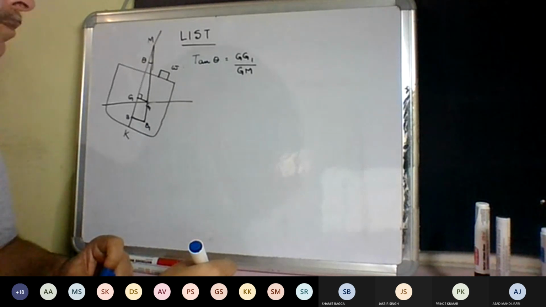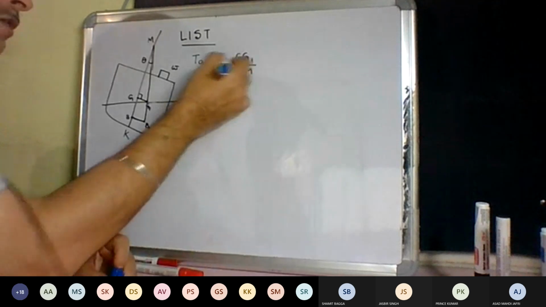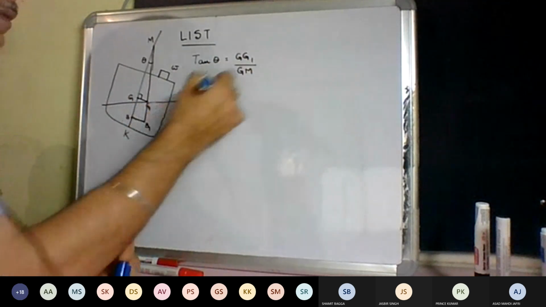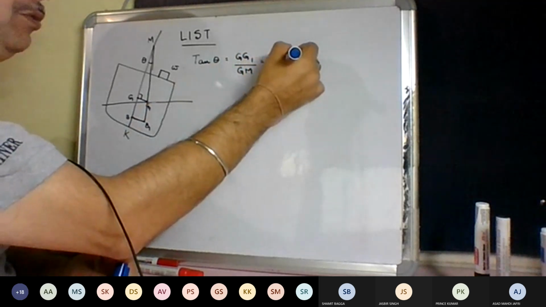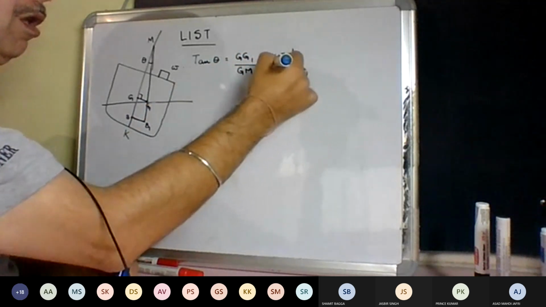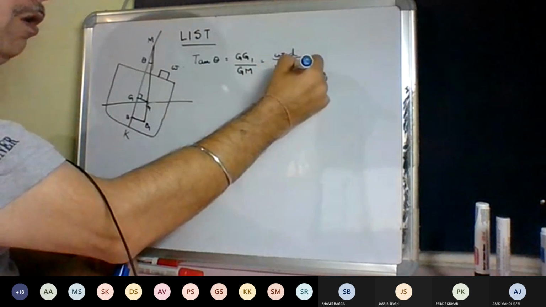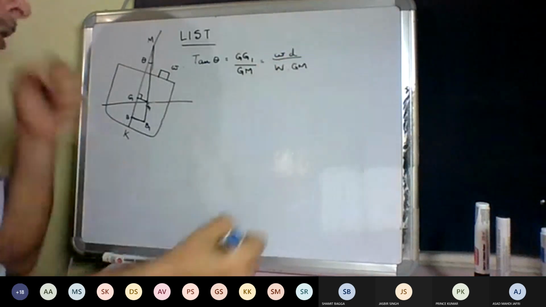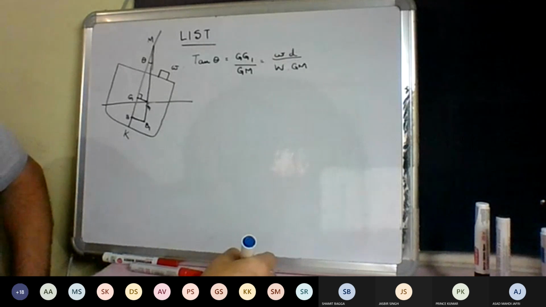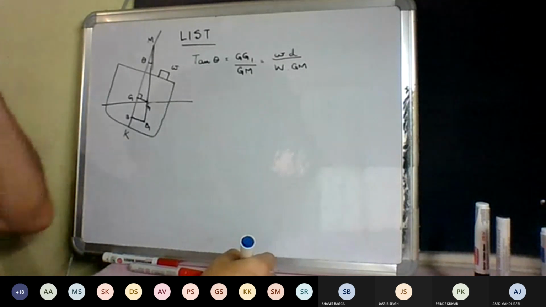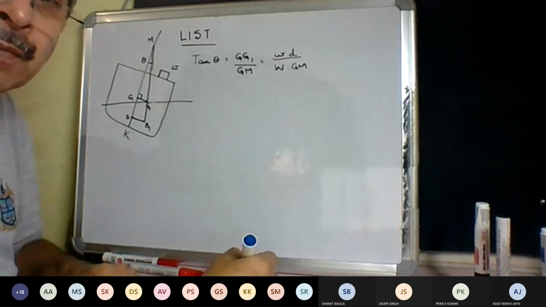GG1 will be equal to WD upon W. So therefore, tan theta becomes equal to WD by WGM.